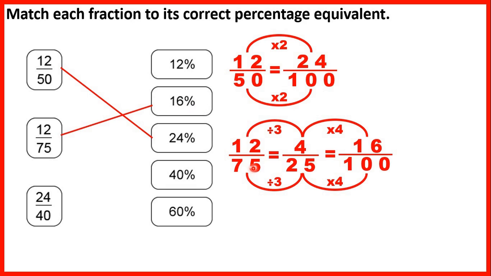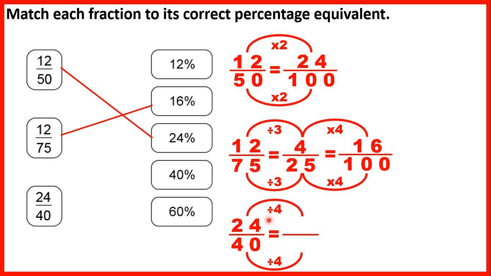So remember, if you can't find the equivalent fraction straight away, you might need to simplify the fraction first. And we'll need to do that again here, because we have 12/40, but 100 is not a multiple of 40. So we need to simplify the fraction first.